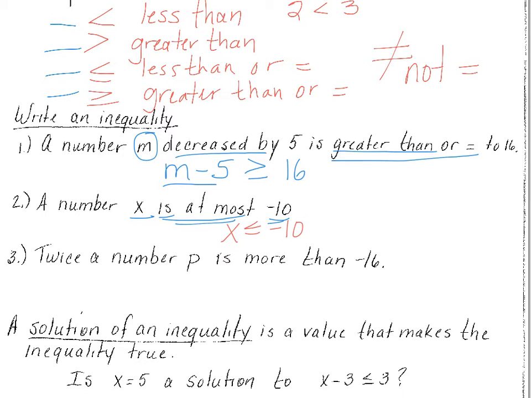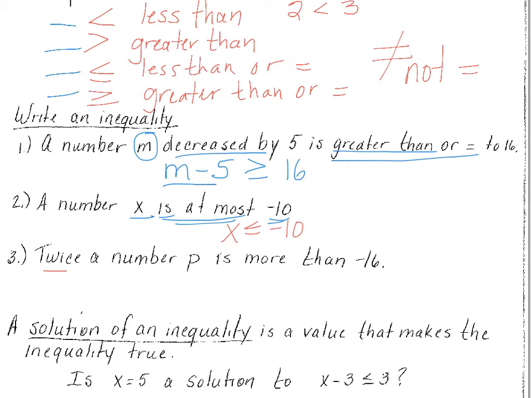Number 3 says twice a number p is more than negative 16. Okay, so what I want you guys to do is look at twice. If I eat twice as many cookies as you, and let's say you eat 5, how many did I eat?